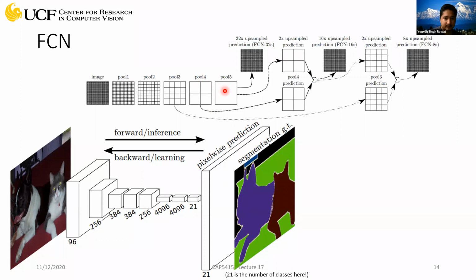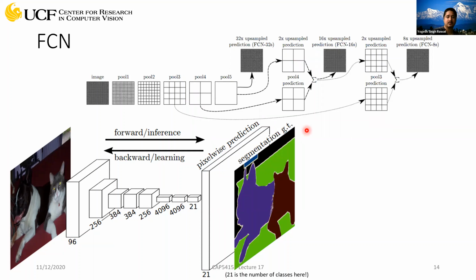For example, if these features are coming from this particular layer, then this pool 4 is coming from this layer, which is twice as big as this. So you take these features and combine the two: the original features and the upsampled version, and then try to upsample again. This time, because you already increased by twice, it is just 16 times upsampling. And you can do a similar operation for previous layers.